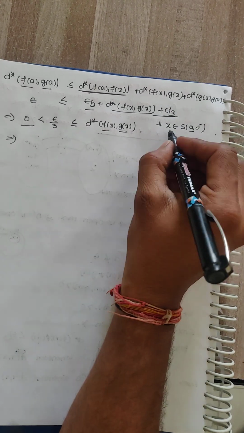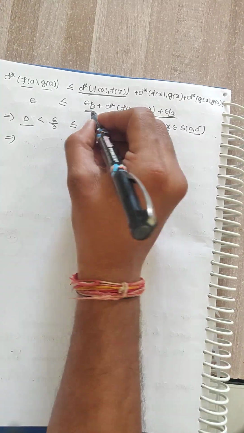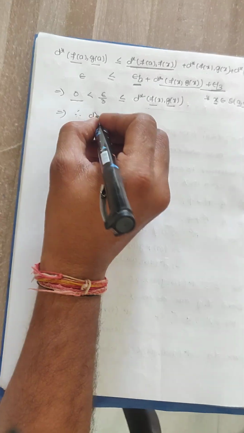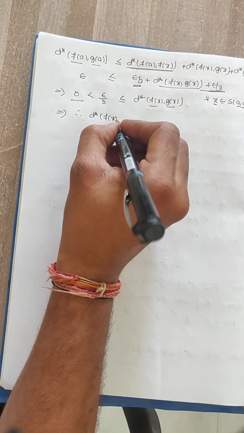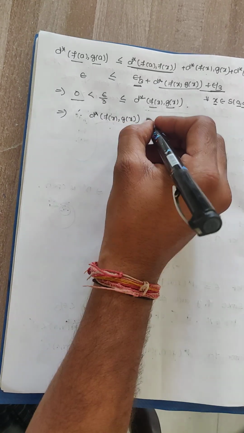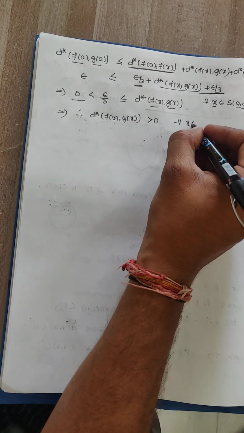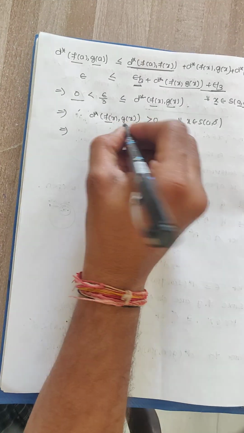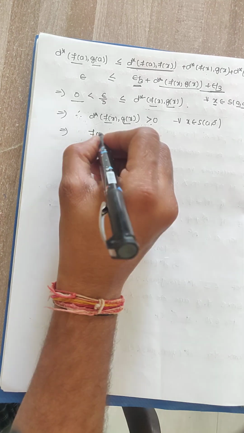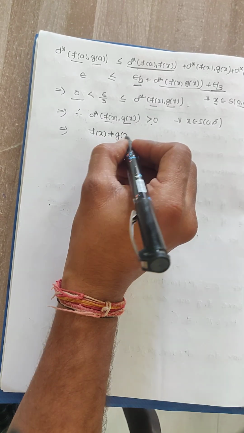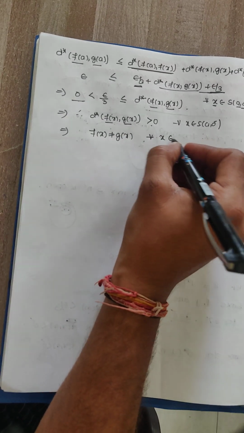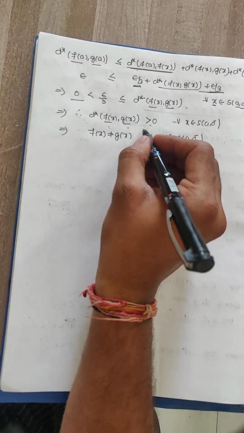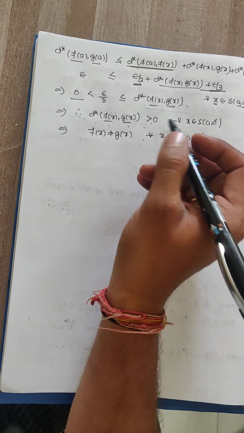Whenever the distance between x and a is less than delta, hence the distance between f(x) and g(x) is greater than 0 for all x belonging to S(a, delta). This implies f(x) is not equal to g(x) for all x belonging to S(a, delta). Since the distance between f(x) and g(x) is greater than 0, they are not equal; if they were equal, the distance would be 0.